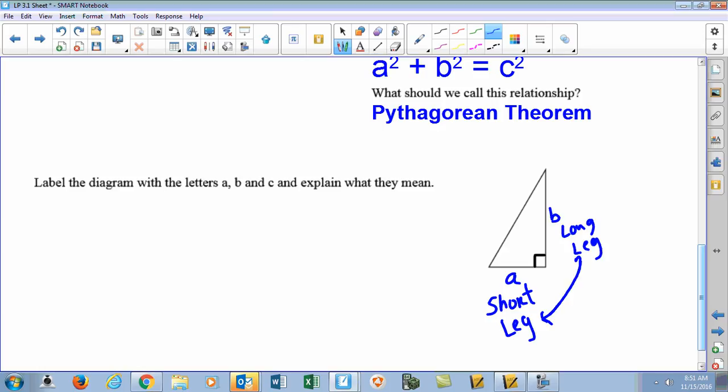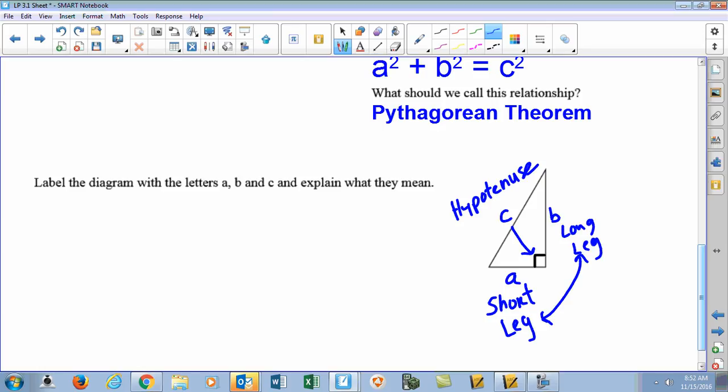And again, these two sides come together to form the hypotenuse, which is side C. Side C is the hypotenuse. The hypotenuse, you can always figure it out because it is opposite the right angle. It's right across from the right angle. And it's the diagonal of a right triangle. The hypotenuse is always the longest side, no matter what. Okay?